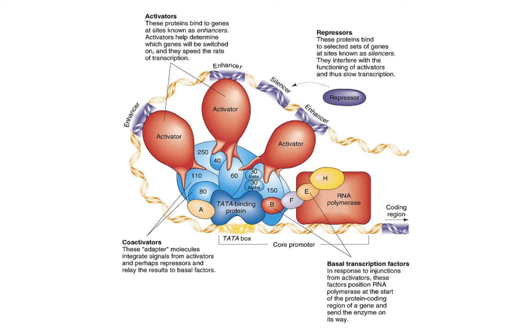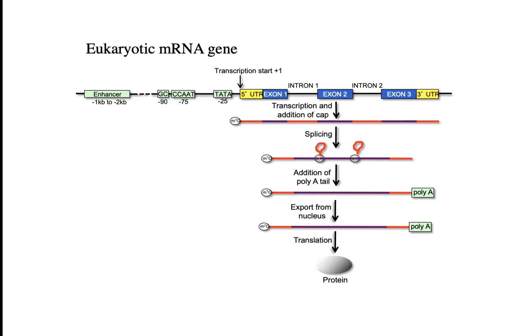So here's a general picture of a eukaryotic mRNA gene. As I said, upstream, they can also be downstream. There can be enhancers, one or more of those. And then between 75 and 90 bases upstream from the start of transcription, there's often a GC box and what's called a CAT box, and in this case it's CCAAT.